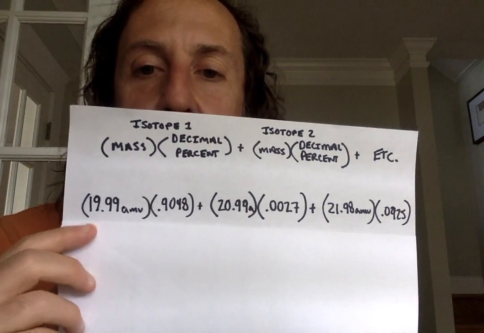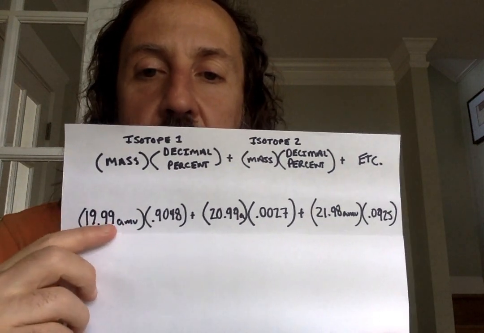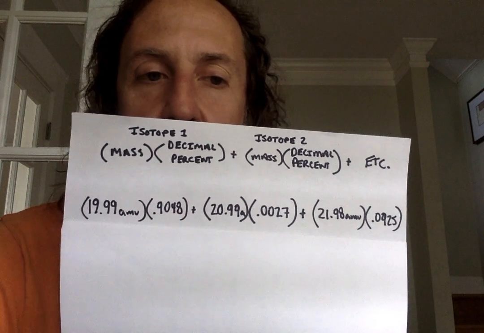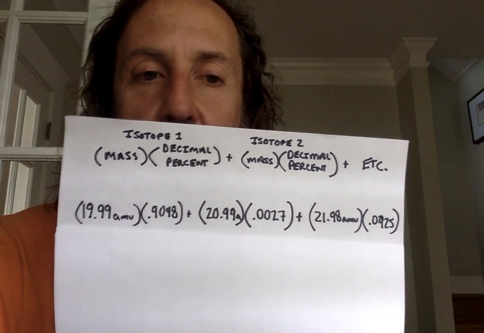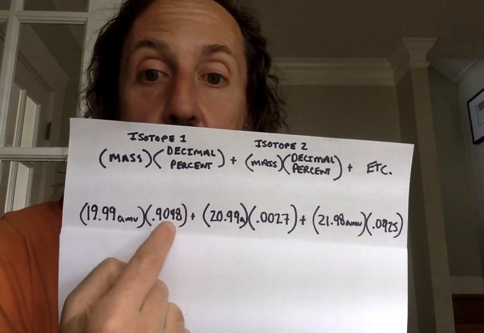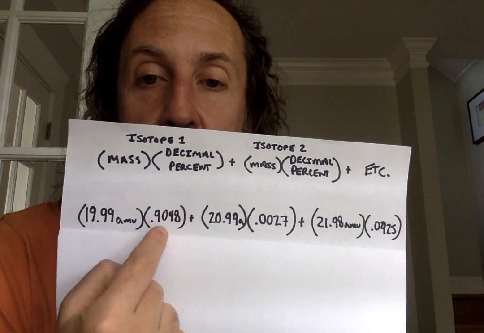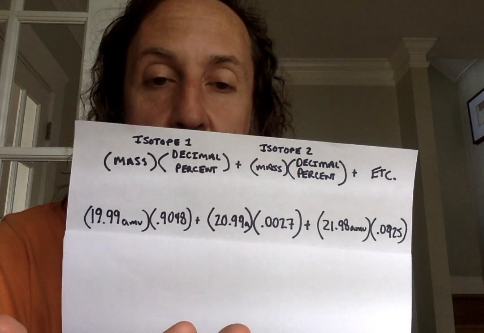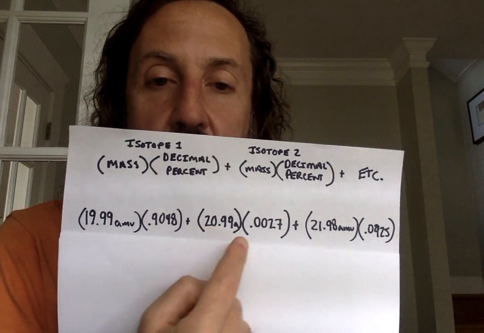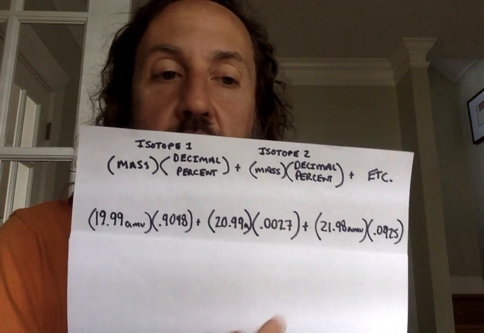And so there you see that first most common isotope, and all I did was take that 90.48 and divide it by 100, or move that decimal 1, 2 to the left, boom, like that. And then there's my second isotope. Now, here's a common mistake that people make.